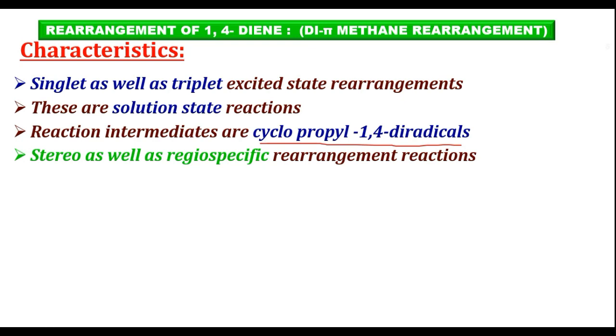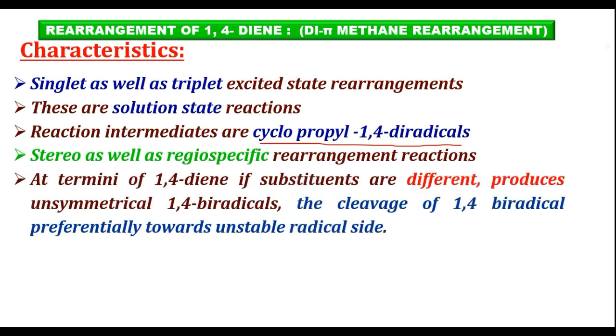At the termini of the 1,4-diene, if substituents are present, then the products are different. The cleavage of the 1,4-biradical occurs preferentially towards the unstable radical side. Right here, this is a cyclopropyl 1,4-biradical. Here I am going to give the substituents R1, here also R1 is there.